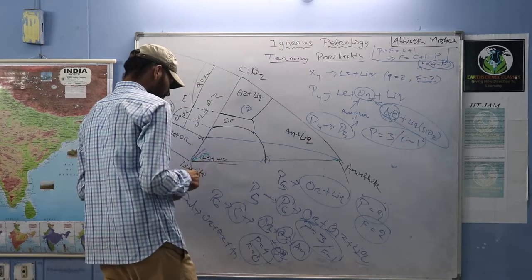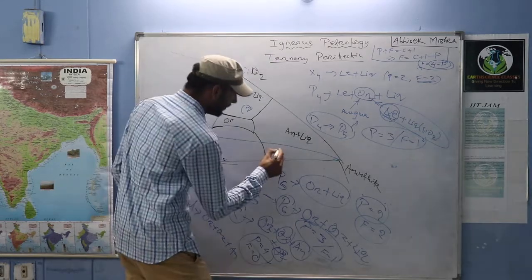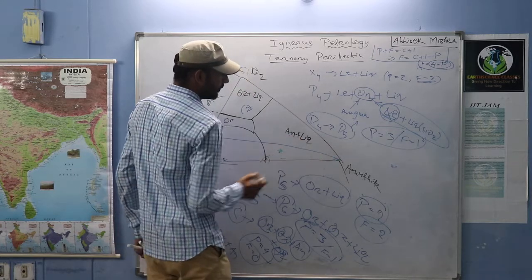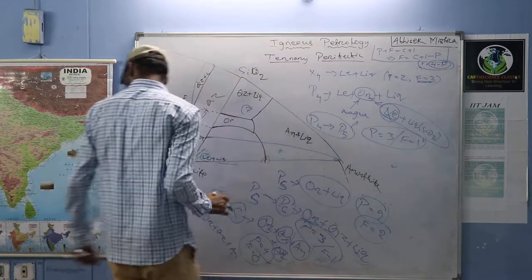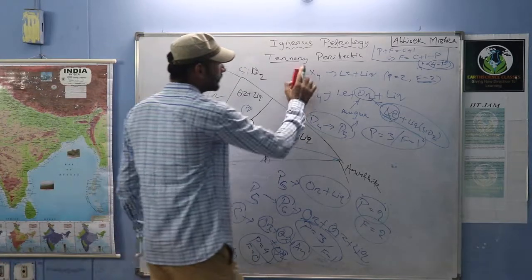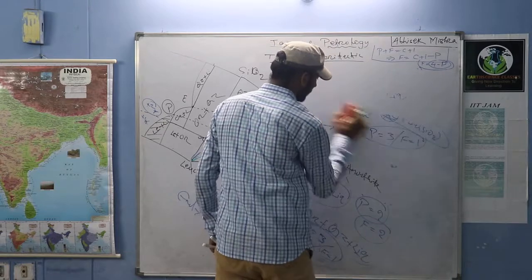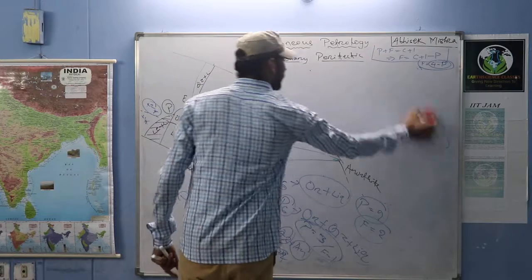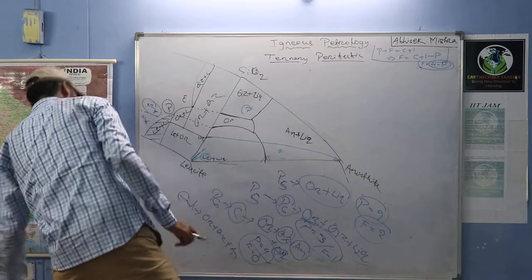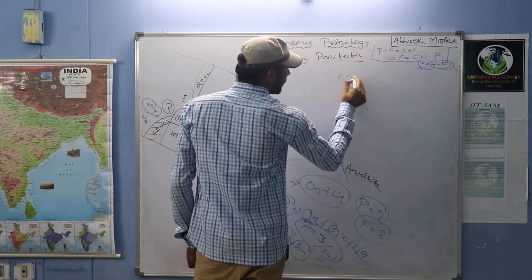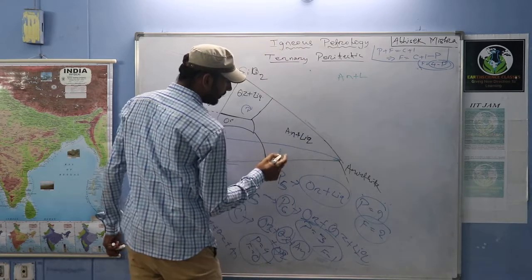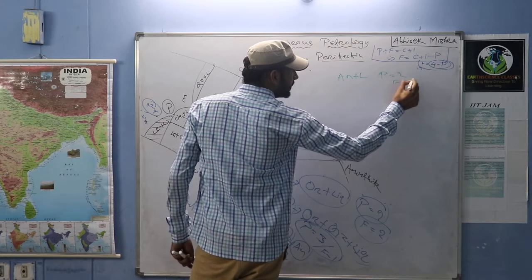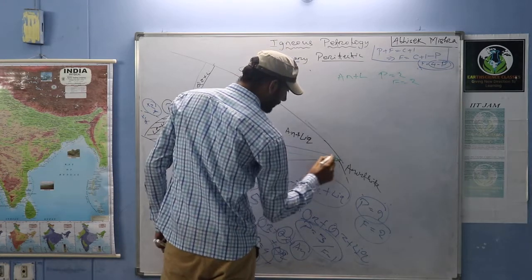Okay. So as I have told, if I take the initial composition here, what will happen? First anorthite plus liquid will form. Then the phase becomes 2, degree of freedom becomes 2, so you have to join with this.